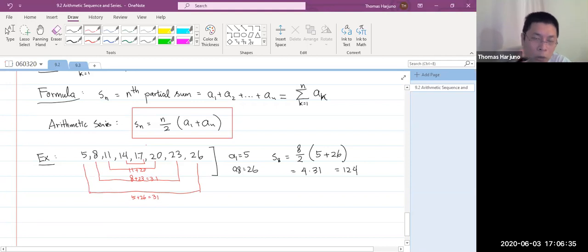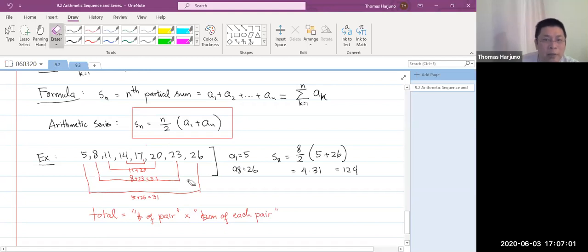So the total will basically be the number of pairs times the sum of each pair, which is the same for each pair, right? Okay, now the number of pairs is easy.